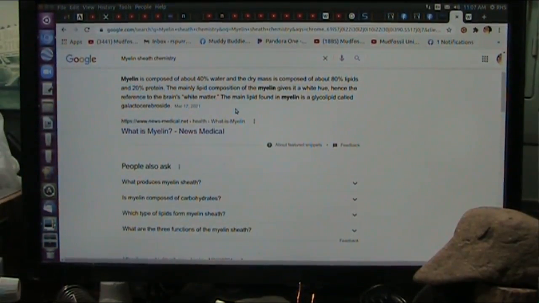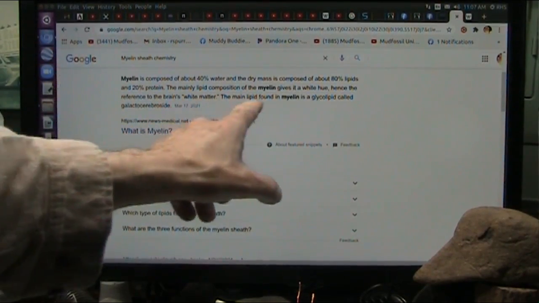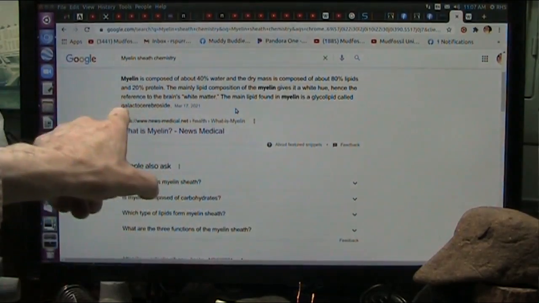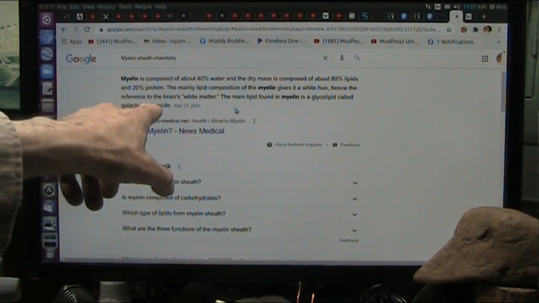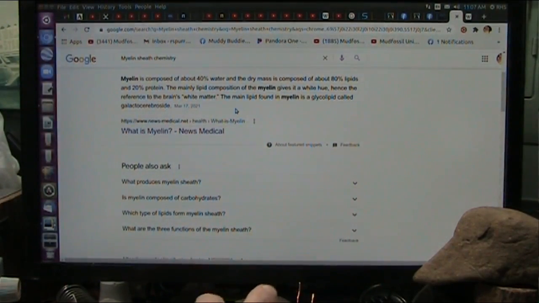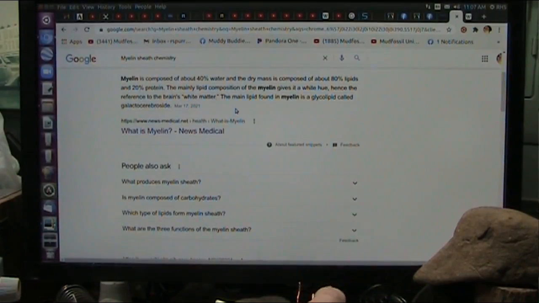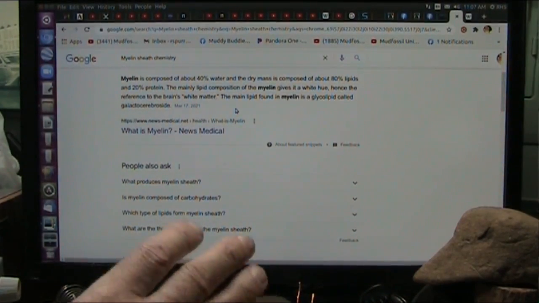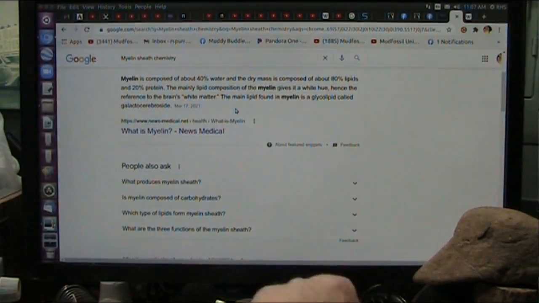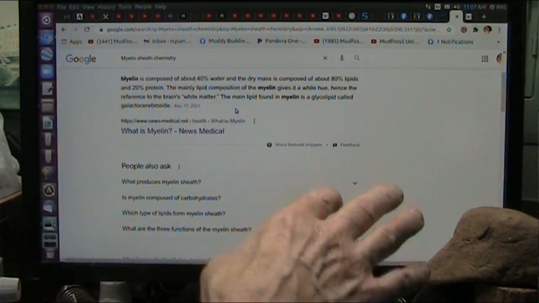All right, here's the deal. This myelin that we're going to be looking at in a minute is a glycolipid called galactocerebroside. Now, I briefly had an interaction with Dr. Stephanie Seneff. I believe she's with MIT. And she's the one backing up this glyphosate lawsuit against the manufacturer of Roundup.